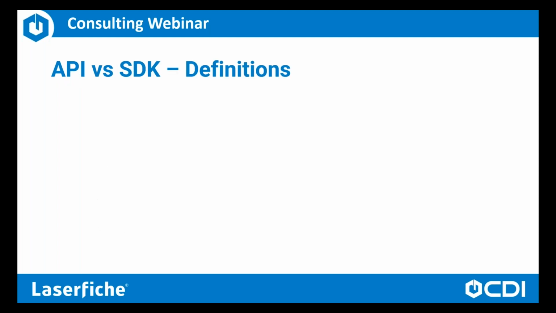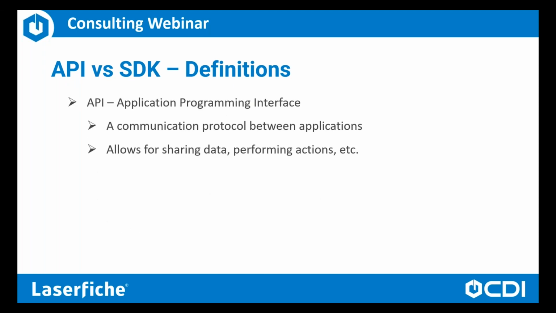To get started, we'll look at a couple of definitions today. An API is an application programming interface. And what that means is it's a communication protocol between two applications. This is going to allow for sharing data between two applications, performing actions within that application, etc. APIs are very specific to the application and will vary greatly.